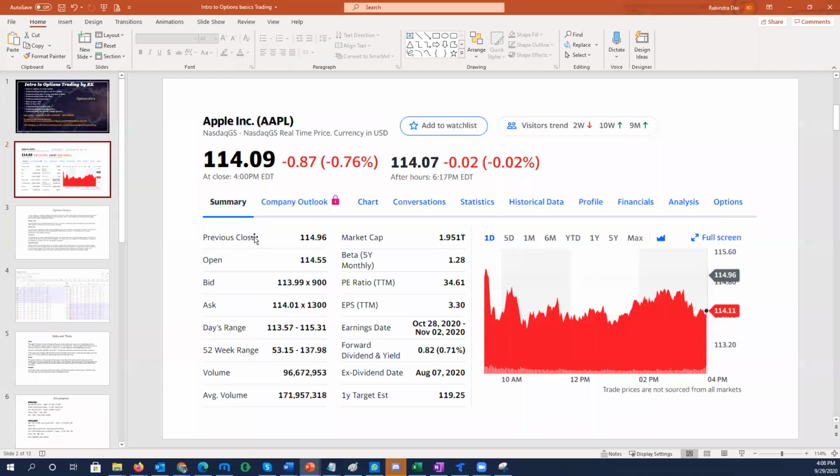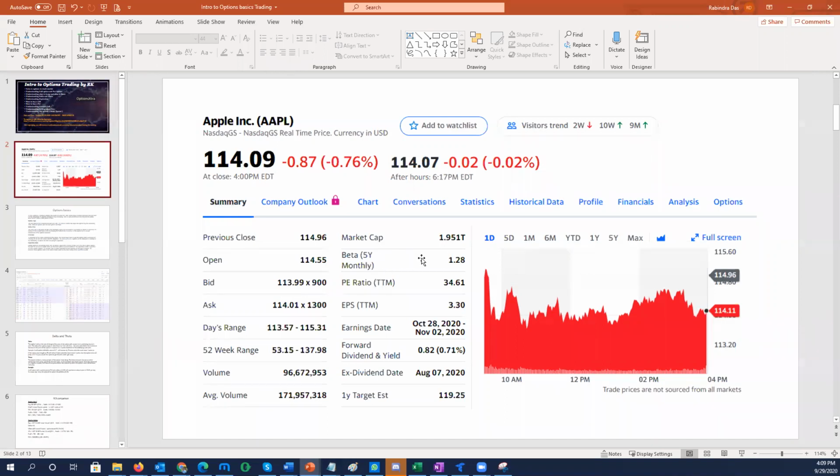And if you go to Yahoo Finance, these are the things you have to check in the first view: what is the price and what it opened at, what is the bid, which means sell, and ask, which means buy, then the market cap, the day's range, the 52-week range, the volume, which is also important, the average volume, and the beta.